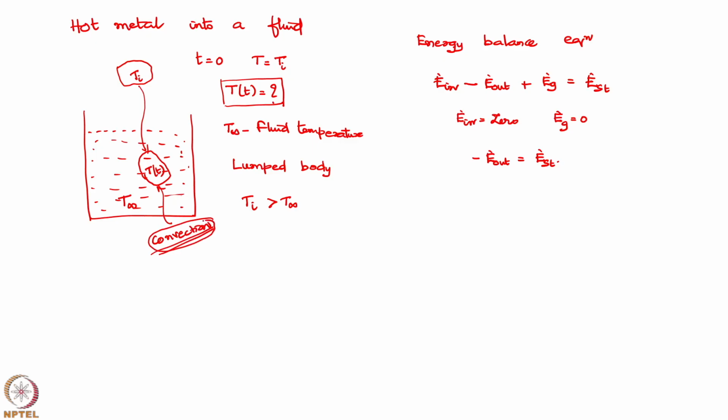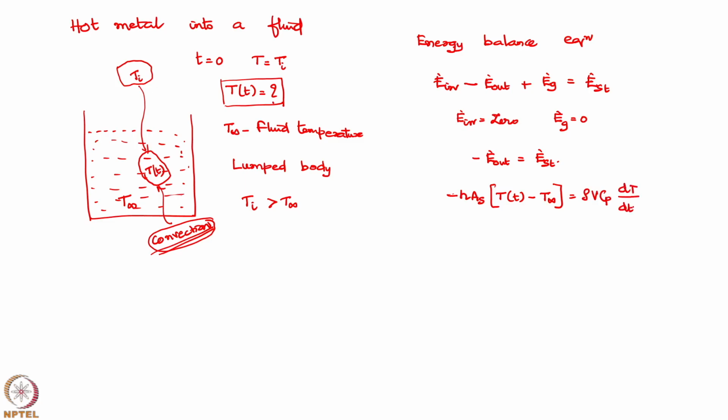If that is the case, then I can use Newton's law of cooling, that is minus h A_s into (T of t minus T infinity) is equal to E dot St, which we have written earlier, rho V cp into dT by dt.